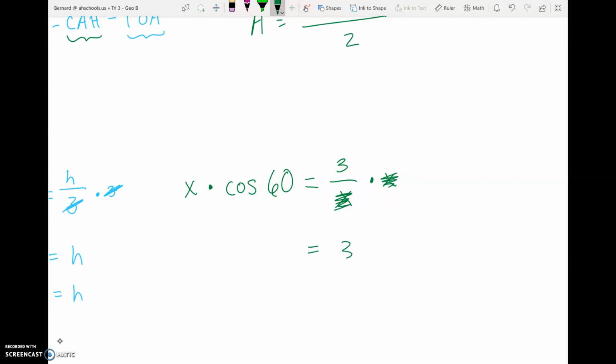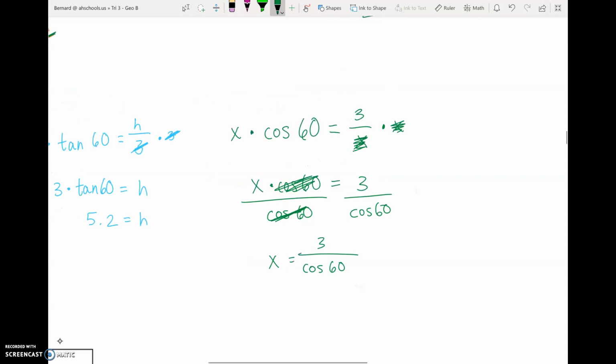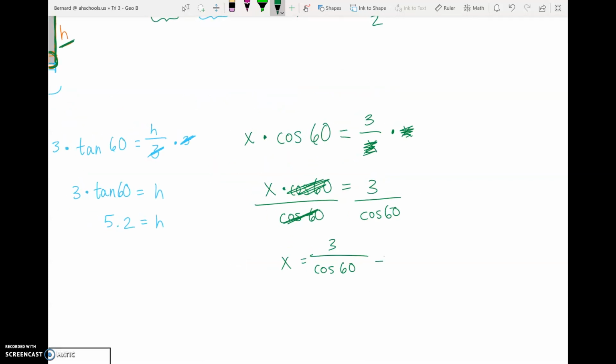And so it'll equal 3 on the right side, and x times cosine of 60 on the left. So then we'll just divide by cosine of 60 to get x by itself. And the cosines of 60 on the left will cancel, and x will simply equal 3 divided by cosine of 60. And then we just need to type that into our calculator, and that'll tell us what x is.